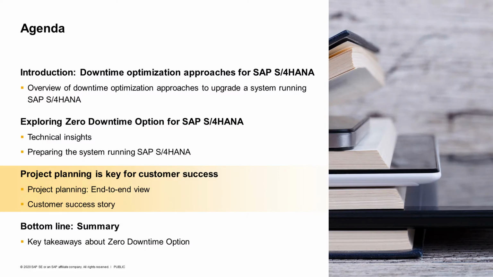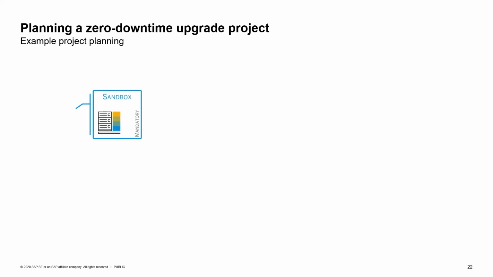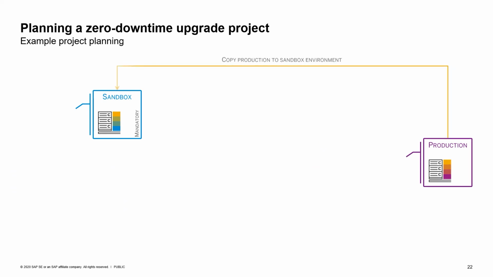So with this, I'd like to come to some project planning specifics. You have seen that the sandbox approach is very important for us in order to run the first ZDO iteration. That helps us to better see how ZDO works and whether technically the ZDO procedure works without any problem. Also, you're going to start creating your cookbook.